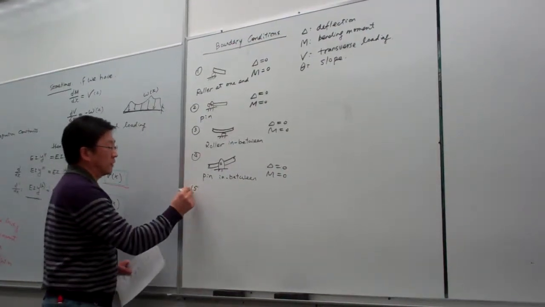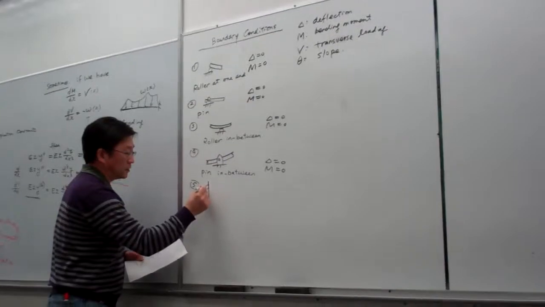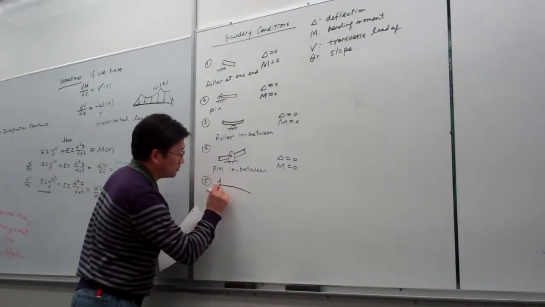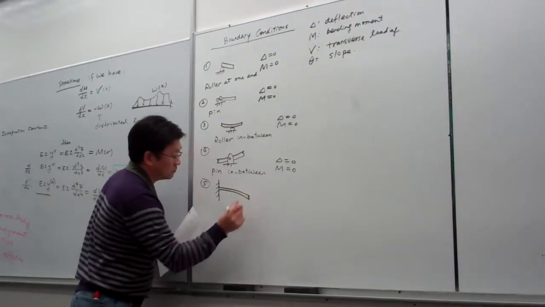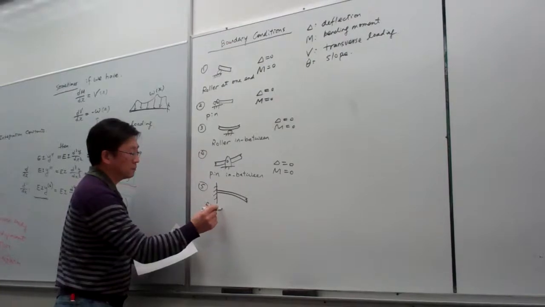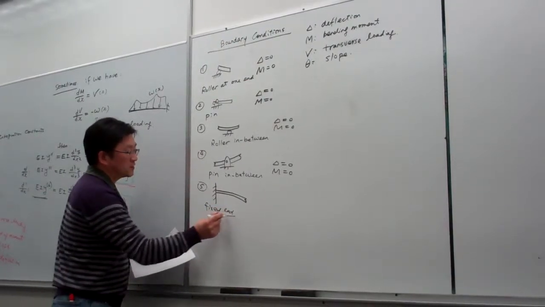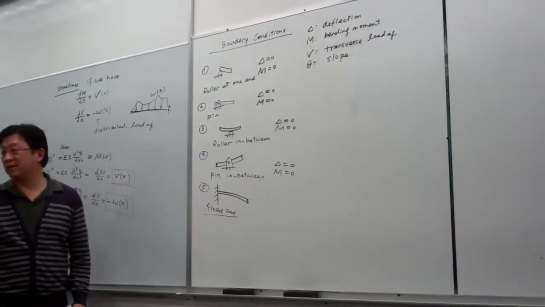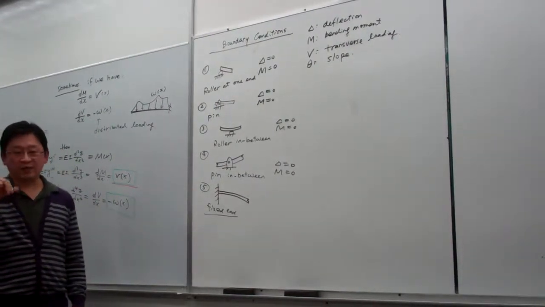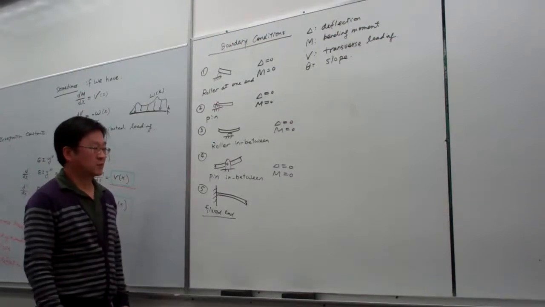Now the fifth one is the clamp. So this is a fixed end. The fixed end means it fixes all the degrees of freedom, not only the translational but the rotational degree of freedom has been fixed.